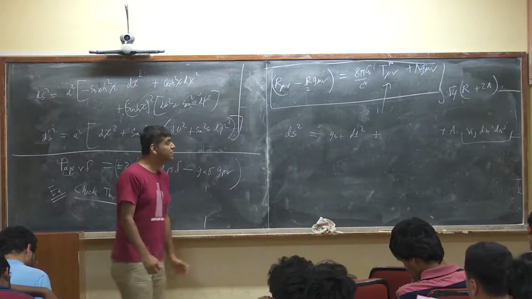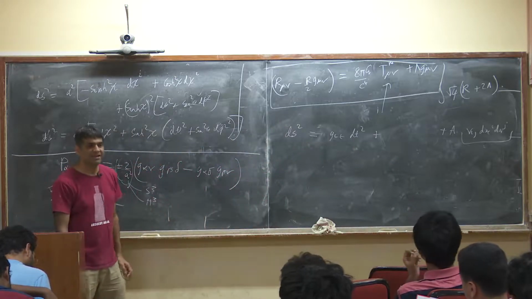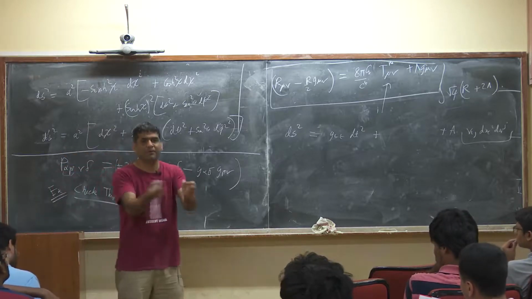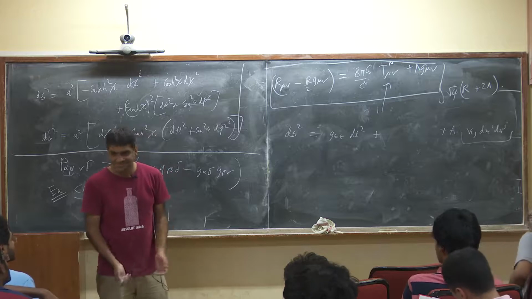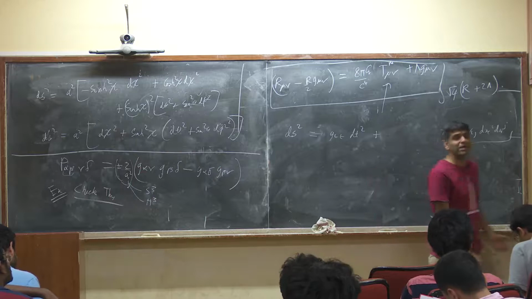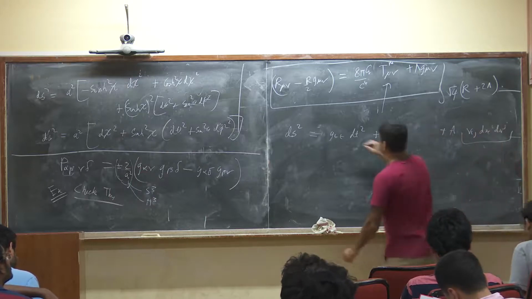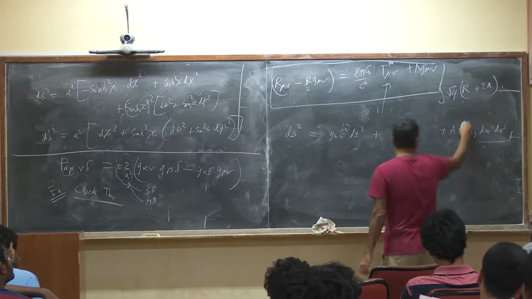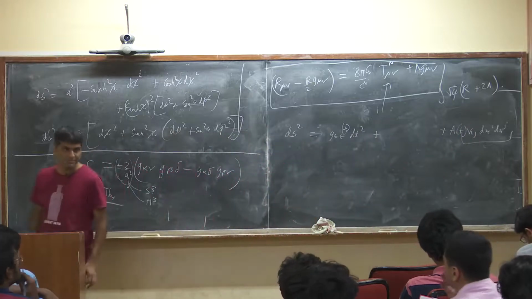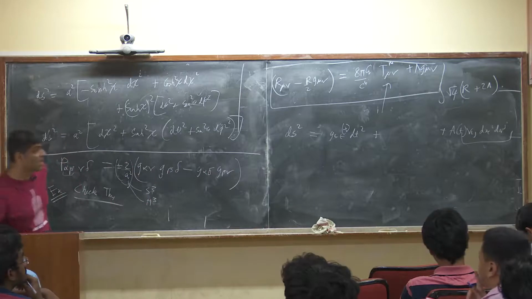What can we say about the spatial dependence of GTT? No spatial dependence. Why? Because if there was spatial dependence, then it would mean that one point was different from the other. Homogeneity. So GTT and A are both functions only of time. A could also be a function of x, I know.